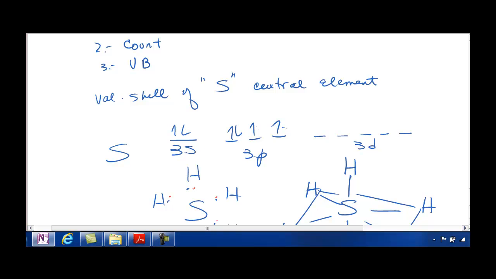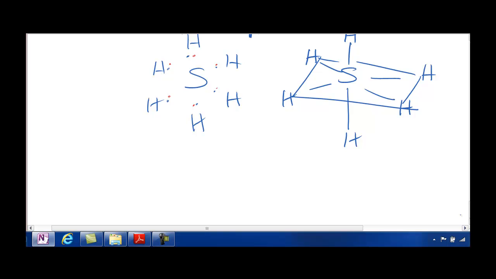I take the 1s, one of the s, this one right here. All 3 of the p's, the px, the py, and the pz. 1 plus 3 is 4. How many more do I need? So now I need 2 of the d's. 1 plus 3 plus 2 gives me a total of 6 new orbitals. So what are my hybrid orbitals?